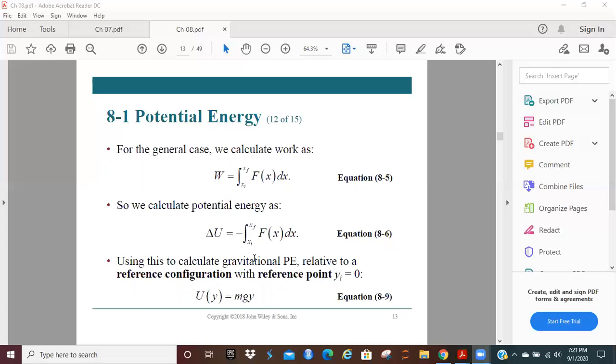If you go through and use that to calculate the gravitational potential energy relative to a reference configuration, you find out that the potential energy is mgy. In other words, the force times your distance above y sub i, which is going to be 0 in this case.